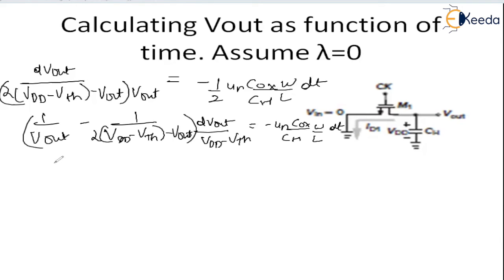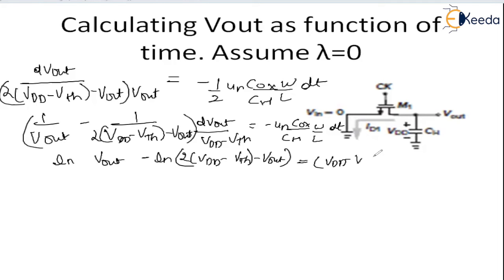Now integrating, we get the natural logarithm of the term, multiplying this side having a minus sign, mu n Cox by CH W by L times t minus t1. Integrating from time t1 to t, we finally get ln Vout.